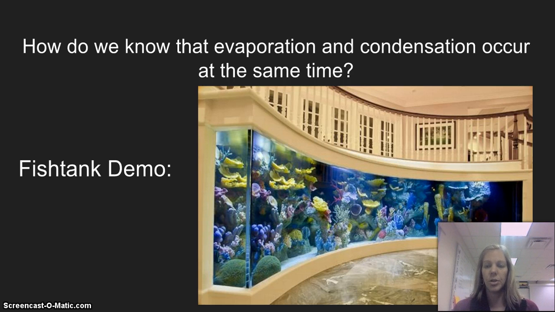So after you're done with your flipped video and filling in this chart, you could walk to the back of the classroom where I have the fish tank and observe how there is water in the bottom of the fish tank. And there are also water droplets that are formed possibly on the glass, but also at the top on the plastic wrap that's covering the top of the fish tank. So here is the video clip.